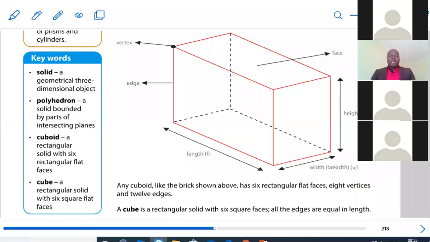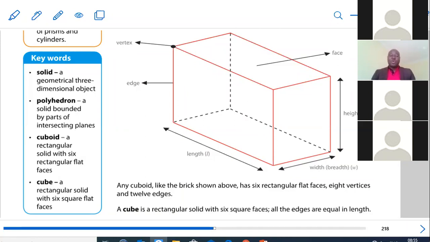If we look at the keywords there, we define a solid as a geometrical 3-dimensional object. So any solid is a 3-dimensional object. In geometry, we call that a solid.